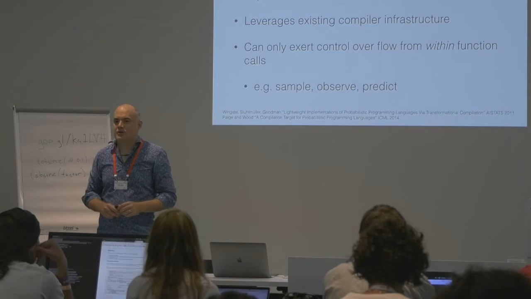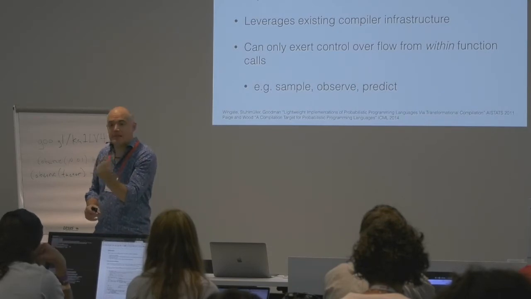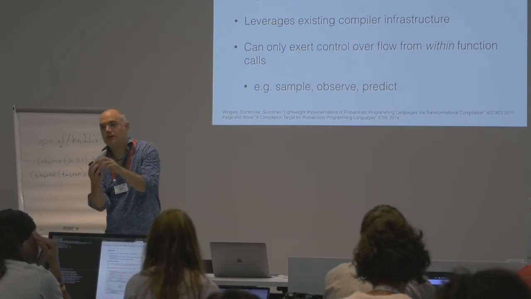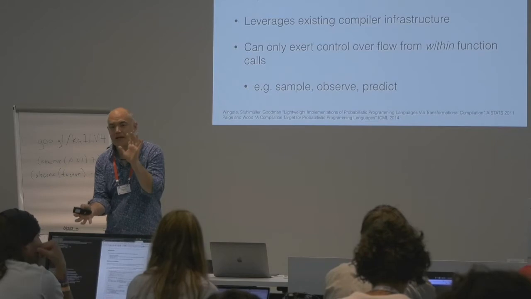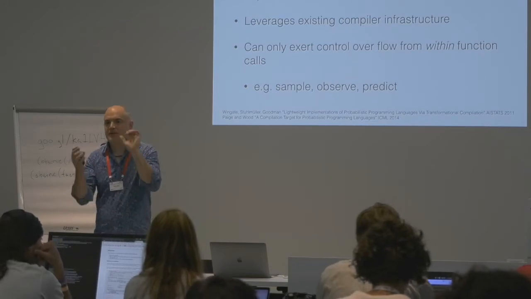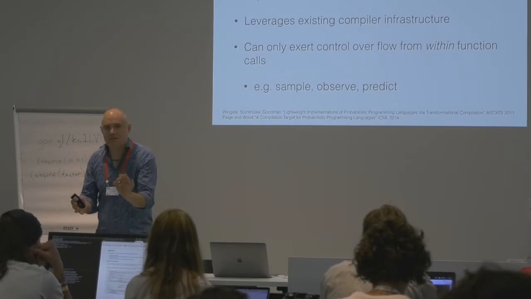Here's the critical question. How do we, at a particular sample point, or at a particular observe point, which is where you interrupt and rerun the program multiple times according to weight in an observation, how do we continue a program multiple times at an observed checkpoint?